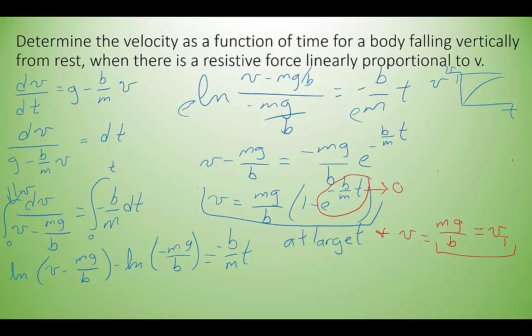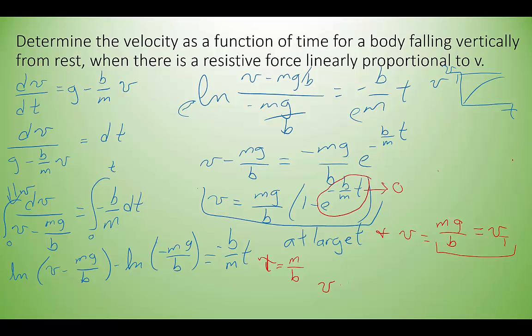If we set a time constant to be tau, which is equal to m over b, this time constant will tell us the time required for the velocity to reach 63% of terminal velocity. And when we do that, we can end up getting a velocity equation that's a little bit more compact than what we have written there.